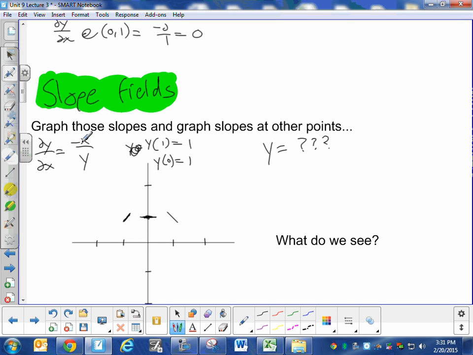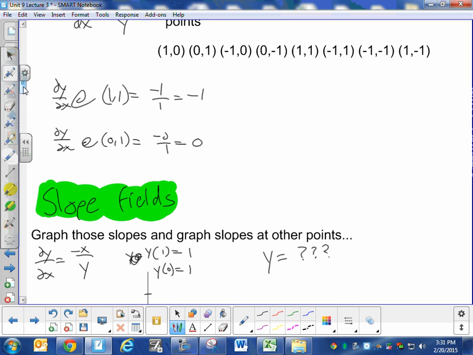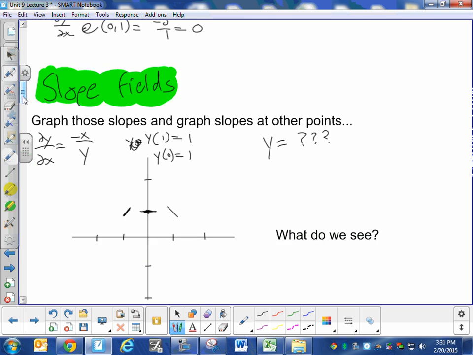I plug in negative 1, I get 1 divided by 0. What does that equal? That's undefined. Now, what does an undefined tangent slope look like? Yes, that is a vertical tangent. So at (-1, 0), vertical.